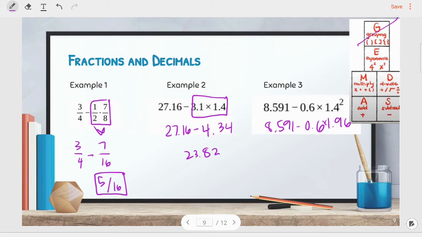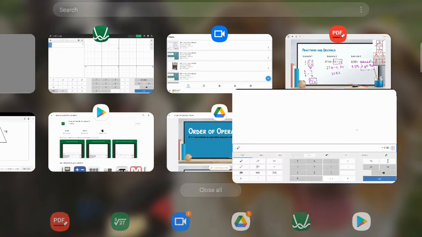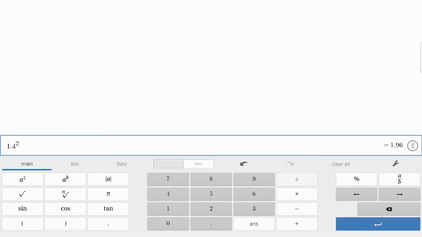I'm going to make sure I do the multiplication first, 0.6 times 1.96. And I get 1.176.